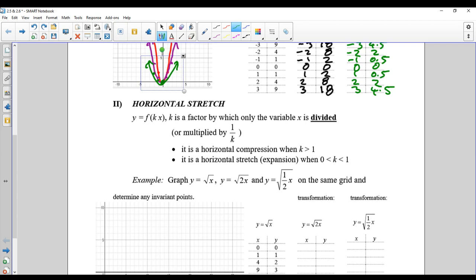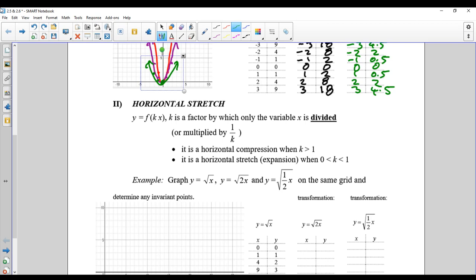So here's an example of an original function being the square root of x. Before we take the square root of x, we multiply that x by 2, or we multiply that x by 1/2. Those are not going to cause you to have vertical anything. Those are going to be horizontal. They're going to affect the horizontal axis this time.